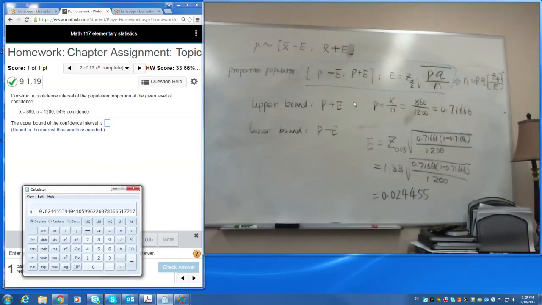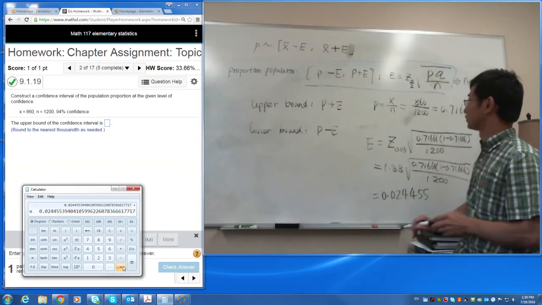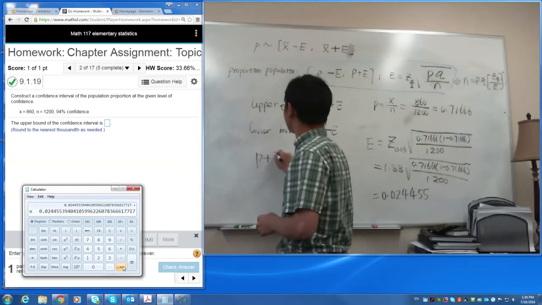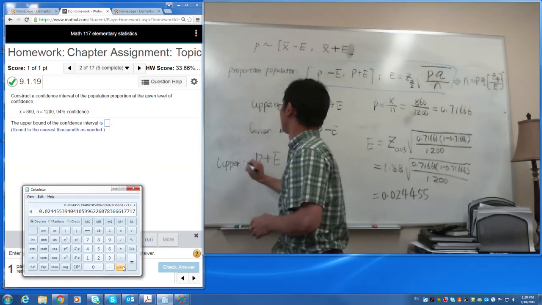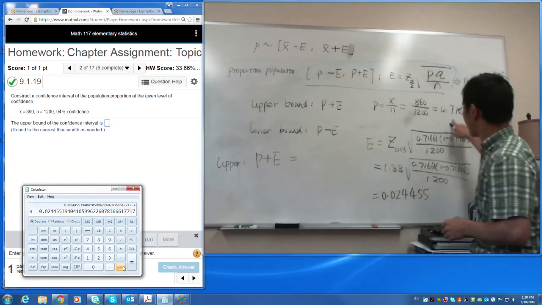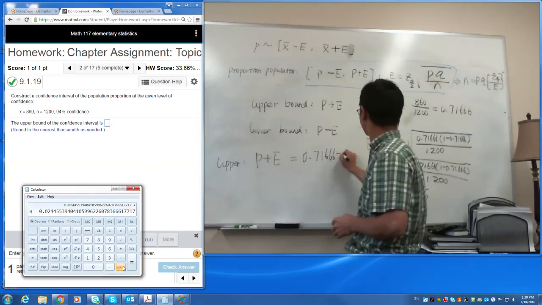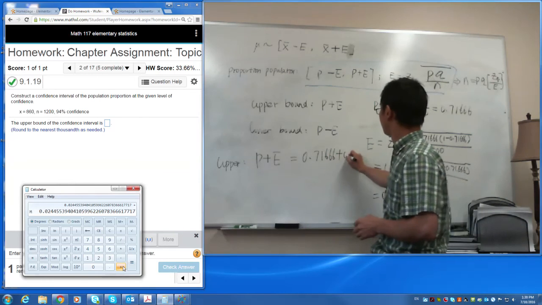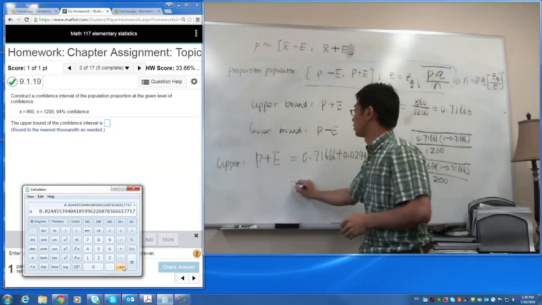Now you find out P, you find out E. So upper boundary is what? Is P plus E. So you just plug in this one plus this one. Okay. So P plus E is what? It's the upper boundary, those two add together, 0.71666 plus 0.02445, okay, equals what?